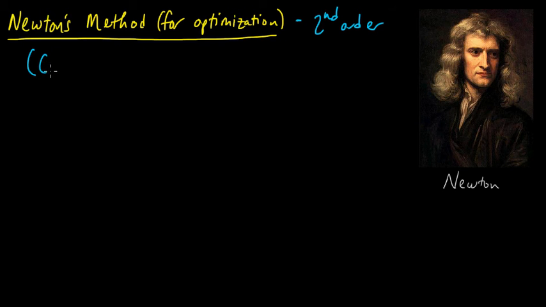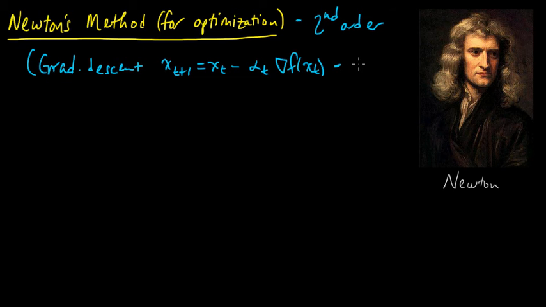And this is opposed to, for example, gradient descent, which is the classic first order method in which your new point, your xt plus 1 point, is xt minus some step size times the gradient of your function evaluated at xt.